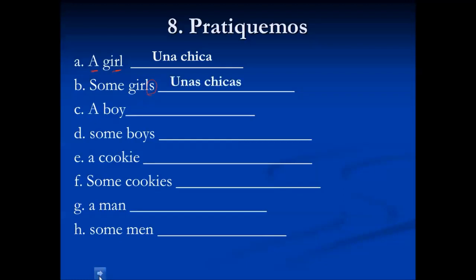So we should have unas chicas. A boy, we know that's singular because we just have one here, and we know that's masculine. So un chico. Some, we know it's masculine, and we know that's plural because it ends in an s.